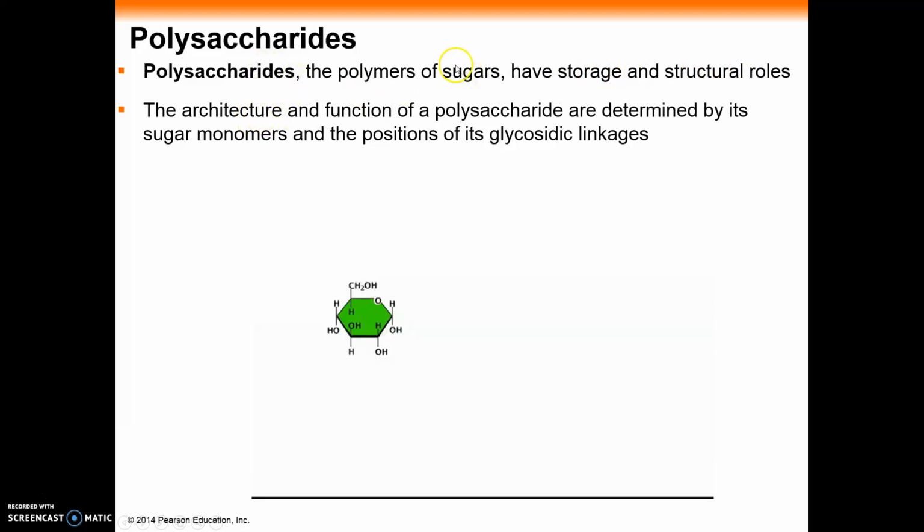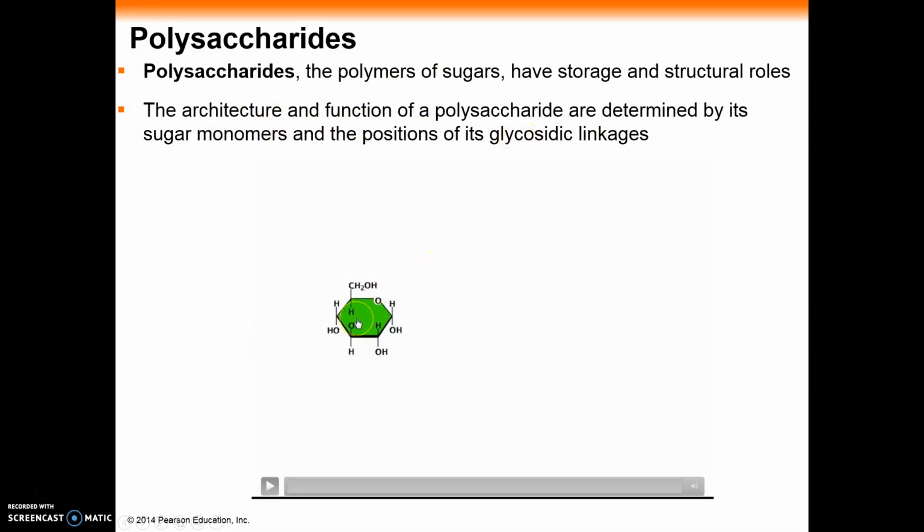How these molecules come together and their larger overall structure is going to give this architectural feature and consequently its function. Remember, structure is function. These structures are determined by how these monomers are linked together.